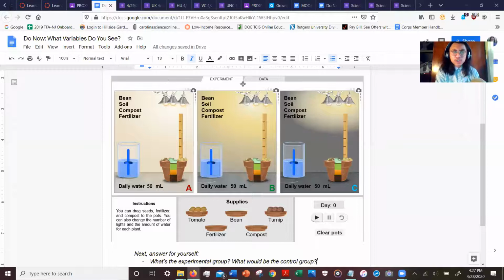If that becomes true based on my data, that the bean plant with the most daily water does have the highest height at the end of 50 days, then I cannot say that my hypothesis was true.